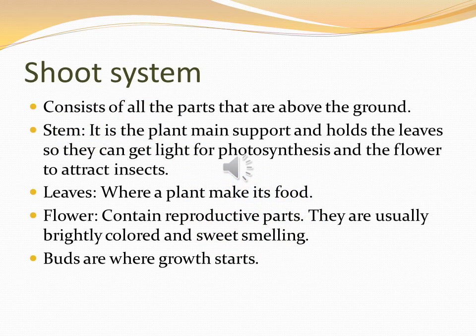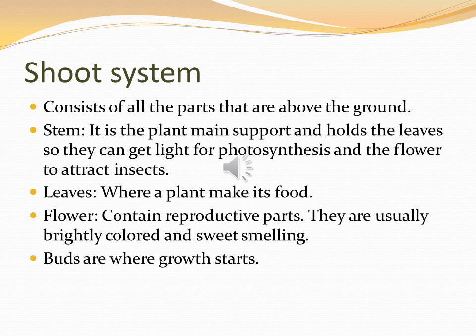Shoot system consists of all the parts that are above the ground, like stem, leaves, flower and buds. Stem. It is the plant's main support and holds the leaves so they can get light for photosynthesis, and the flower to attract insects. Leaves are basically the food factories, and it is the point where the photosynthesis process takes place.